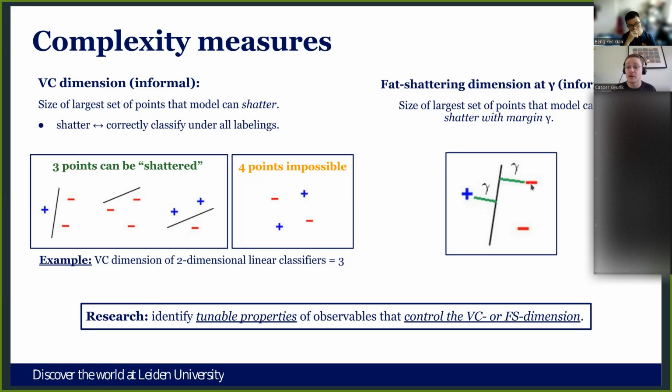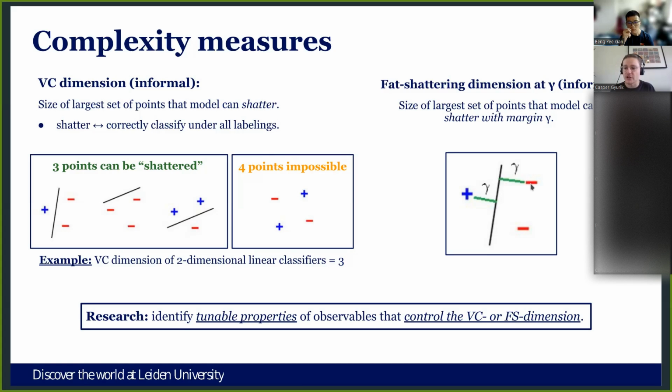But for me, the main motivation here, as we will make clear later in the slides, is that it's a known fact that the models implemented by quantum machine learning models are linear classifiers. And the two complexity measures that have been widely used to study, say, support vector machines, to explain why we want to do maximum margin, were the VC dimension and fat shattering dimension.